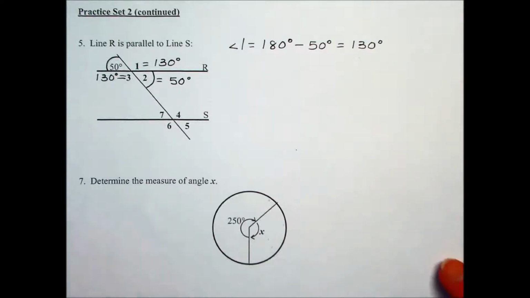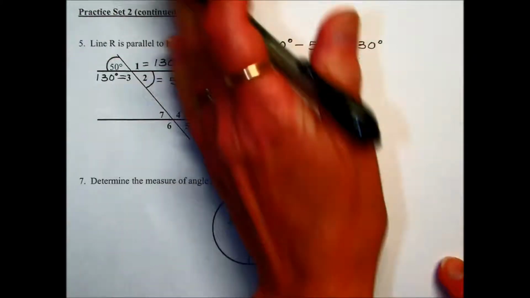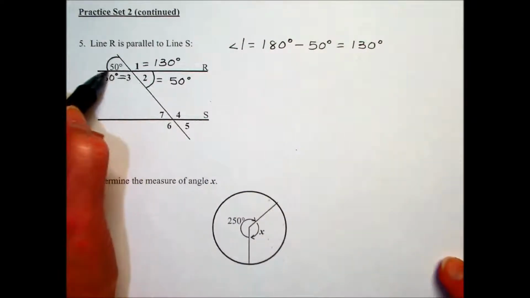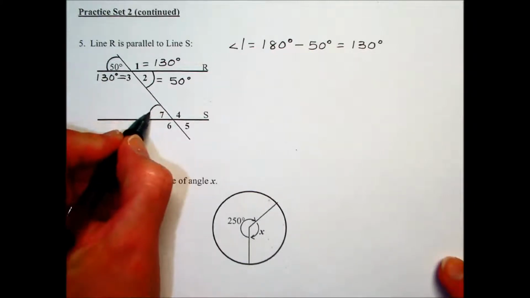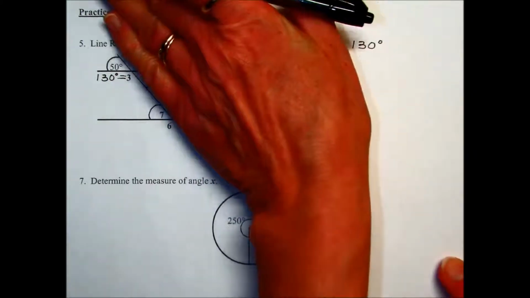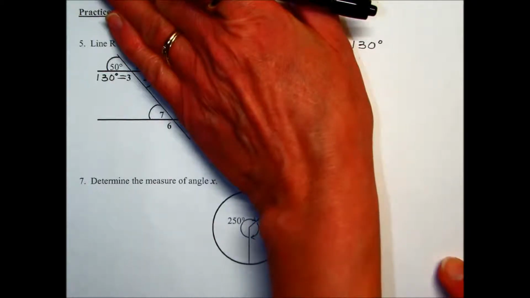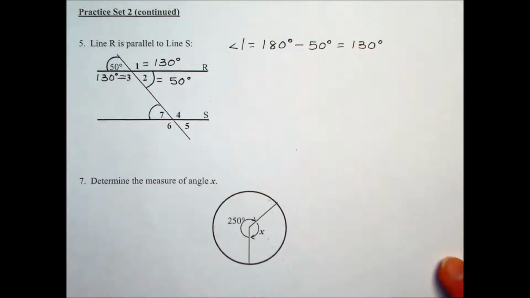So if I look at the given angle 50, it's to the left of the transversal and it's above the parallel line. That description would also describe angle 7. It's to the left of the transversal, that third line that's intersecting the parallel lines, and it's above the parallel line.